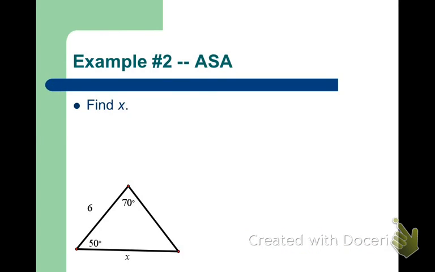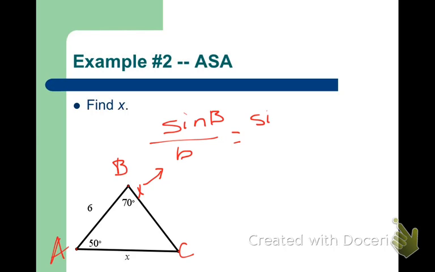Here's one more example. So again, I'll label A, B, C. We'll do the sine of, well, here's my unknown. Sine of B over B has my unknown in it. So then I want something else where I know. Well, I know the sine of A, but I don't know the side across from it. Though I can subtract these two angles from 180, and I would get 60 degrees here.